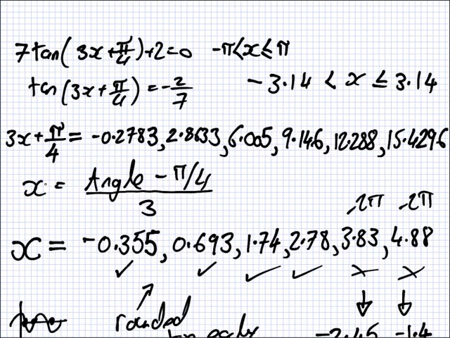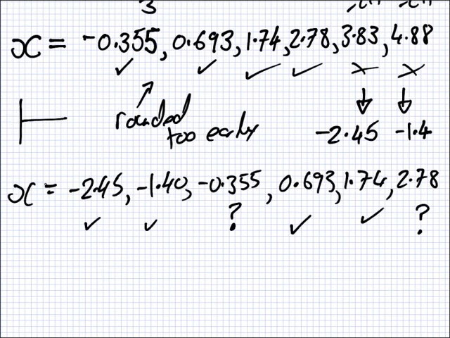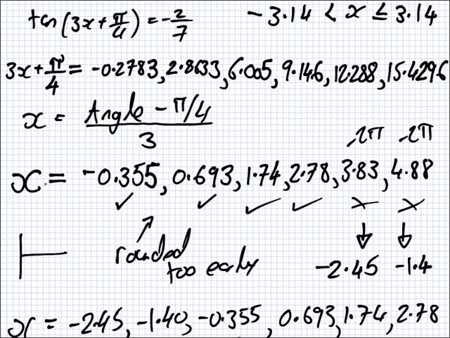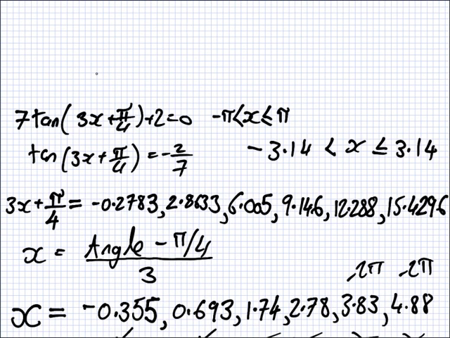Okay, so for this original tan graph, can I first find the period of the tan, then find the x-intercepts without doing the equation? Yeah, but I think that way would be a lot easier if this was a 0. If my question instead was, say, tan 3x plus pi over 4 equals 0, without this plus 2 over 7, then yes, I think I know what you're saying.